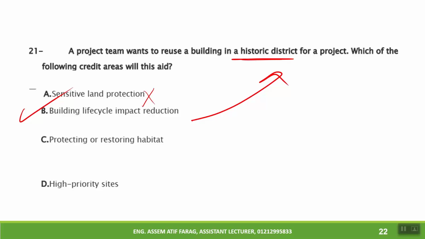All that is known about the project in this question is that the building will be reused, so this option is not correct. Finally, high priority sites. A historic building is a type of high priority site that LEED rewards projects for choosing. So this option is also correct. Then the best two options are B and D.